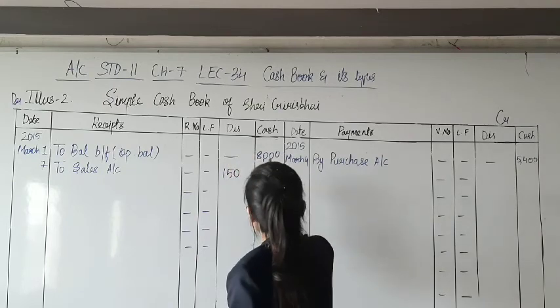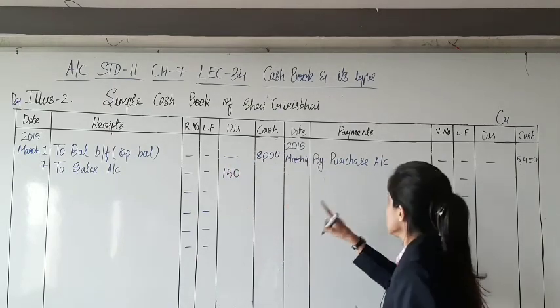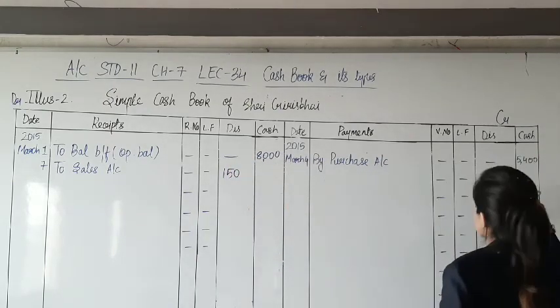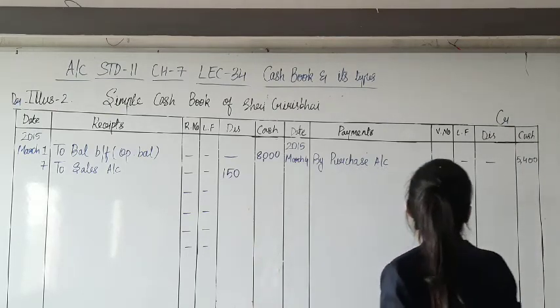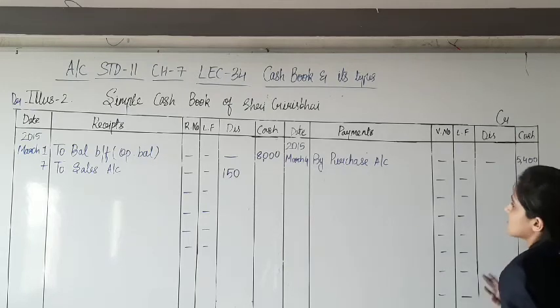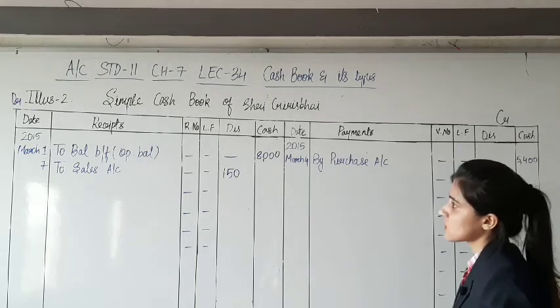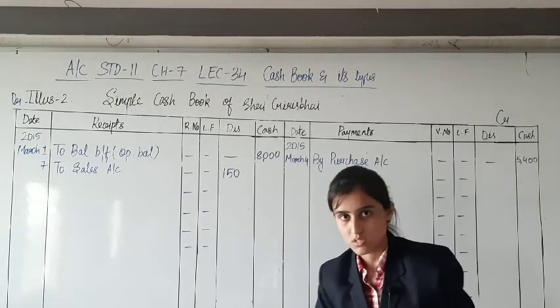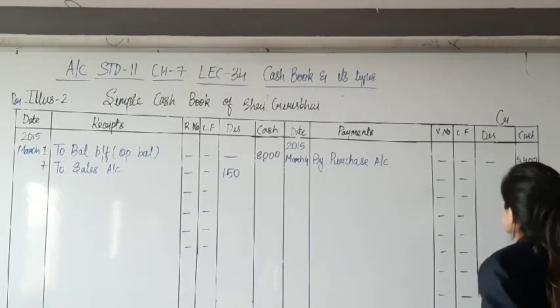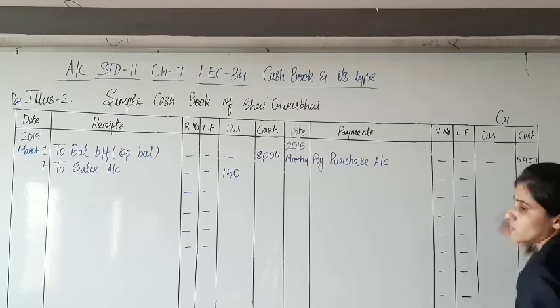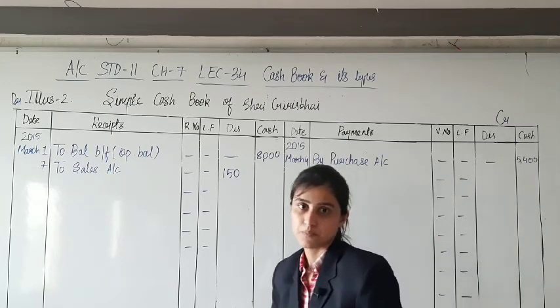Opening cash balance 8,000, then by purchase 5,400, the second transaction on 4th of March. Here there was trade discount that we have just calculated. Trade discount is not to be shown in the books of accounts and hence we have not recorded it. We have just deducted, and cash that we have paid is net amount 5,400 is written.